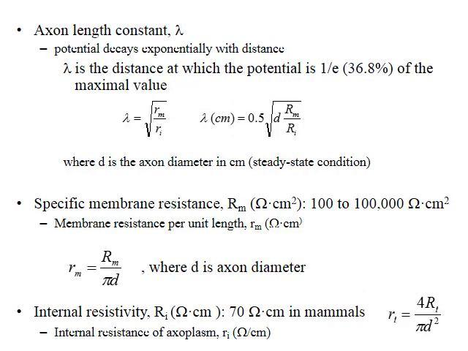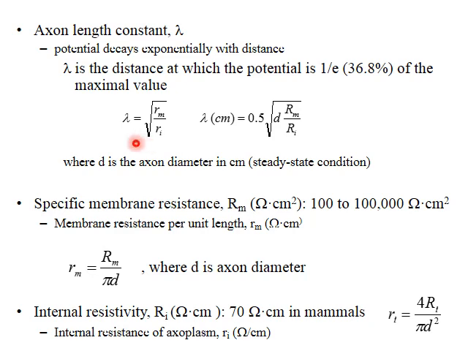We've seen that the time constant of the membrane can be defined and calculated from physical parameters of the neuron, specifically the membrane resistance and the membrane capacitance. In a similar way, the length constant of a neuron can be calculated from physical parameters, in this case the membrane resistance and the internal resistivity, or the cytoplasmic resistivity.